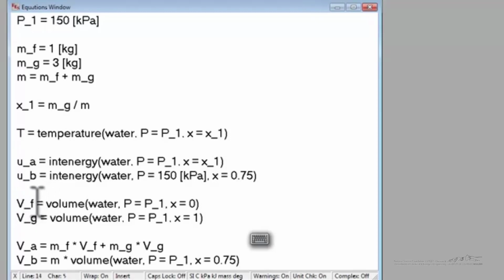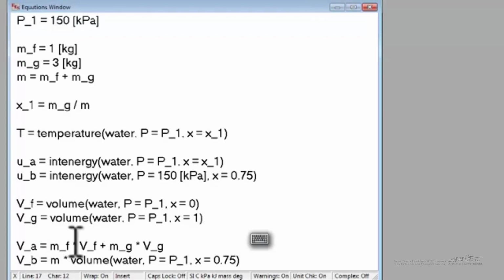And here I've calculated the specific volume of the fluid. And to evaluate this, I said water, P is equal to 150 kilopascal again. And for fluid, the quality is equal to 0. And for a vapor, the quality is equal to 1, or 100%. And here I've calculated the actual volume of the system in 2 different ways. And the first is to take the mass of the fluid times the specific volume of the fluid.